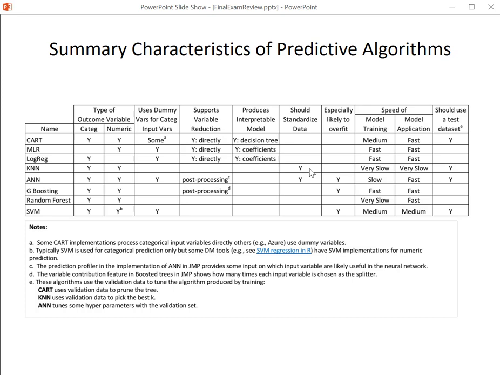The most typical way that is done is to subtract the mean from each instance and then divide by the standard deviation to create a standardized value, and then use those as your inputs to do the calculations. Three of the four hyperlearners have a lot of overfitting potential. ANN does, gradient boosting does, or we sometimes call it boosted trees, and then support vector machines.